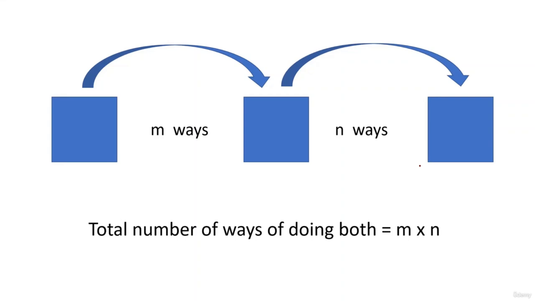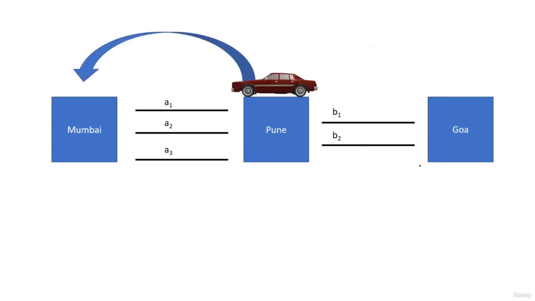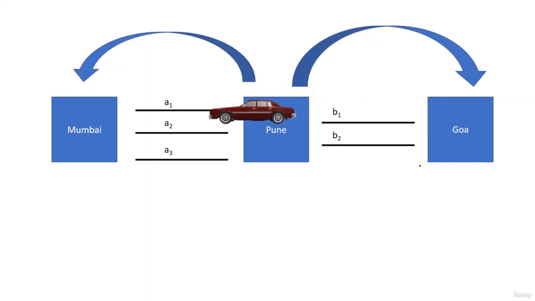Similarly, we'll take the next rule of counting. Suppose now you are at Pune and you have to travel to either Mumbai or Goa. If you're traveling to Mumbai, this can be done in three ways: A1 or A2 or A3. These three ways, right? And if you're going to Goa, this can be done in exactly two ways, right? B1 or B2. So you can travel to either Mumbai or Goa.